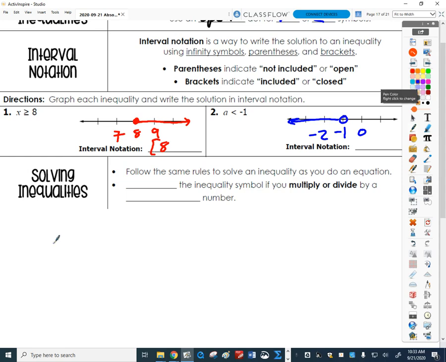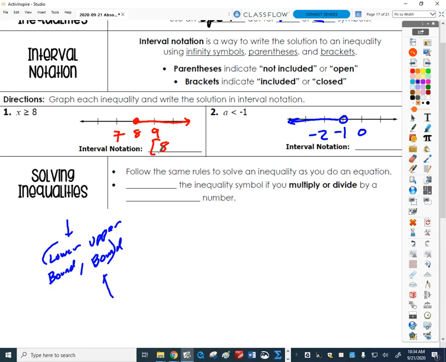Whether they're parentheses or brackets, this is going to be the lower boundary, and this is going to be the upper boundary of our interval. In this case, the lower boundary of the shaded interval up here is 8.